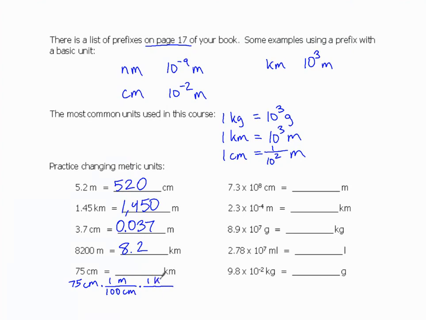And in 1 kilometer, because we want to know kilometers, there are 1,000 meters. And if you look at your units, if you line them up correctly, centimeters on top cancels centimeters on bottom. Meters on top cancels meters on bottom. And we're left with units of kilometers. And so our answer here is 7.5 times 10 to the minus 4th power.